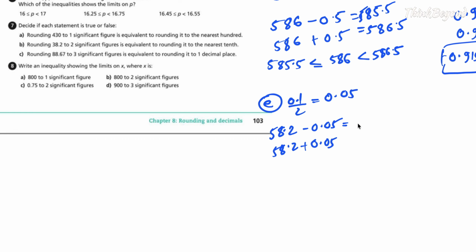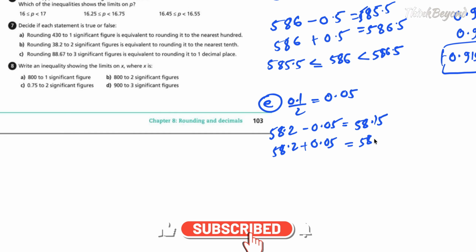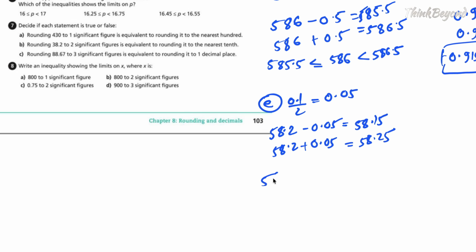When you subtract, you will get 58.15. After addition, you will get 58.25. So the inequality becomes 58.15 is less than or equal to 58.2, which is less than 58.25.